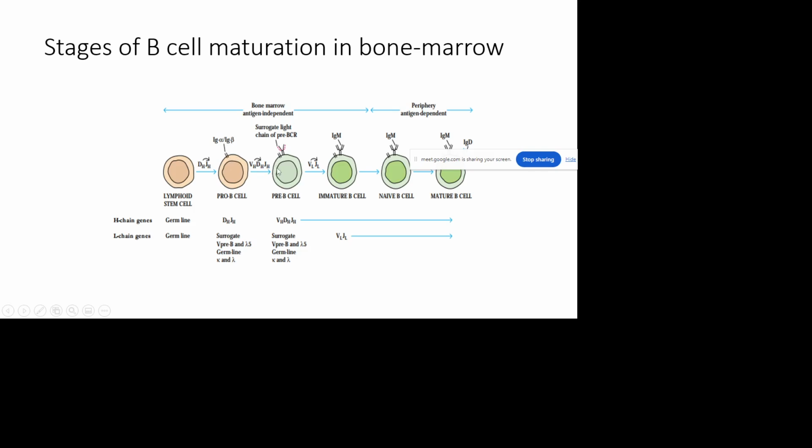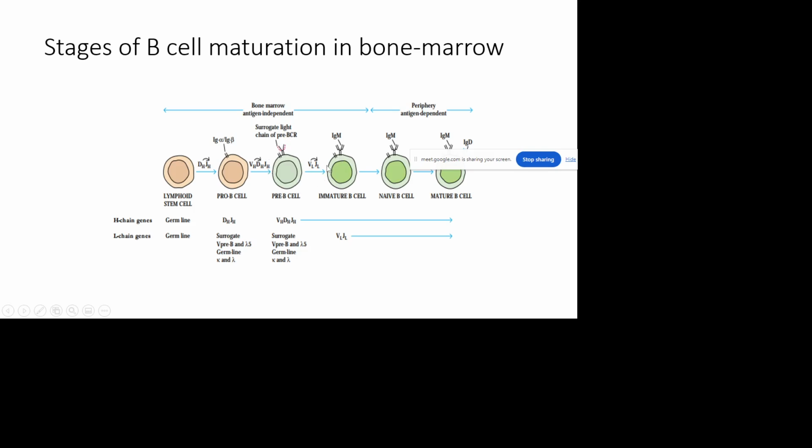Then there will be a VDJ recombination where pro B cell will be converted into the pre B cell, where along with the BCR Ig alpha Ig beta, it will have the heavy chain as well as surrogate light chain of the pre BCR. Then the light chain will be rearranged: the variable region of the heavy chain is already rearranged, but the light chain here was surrogate.